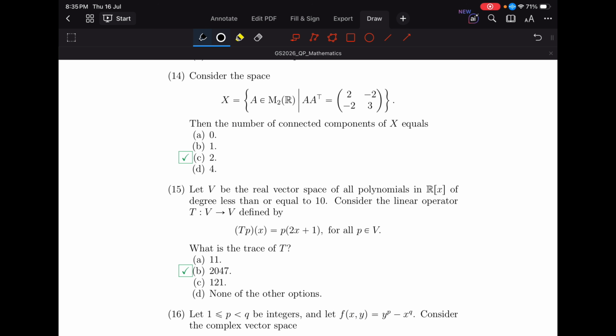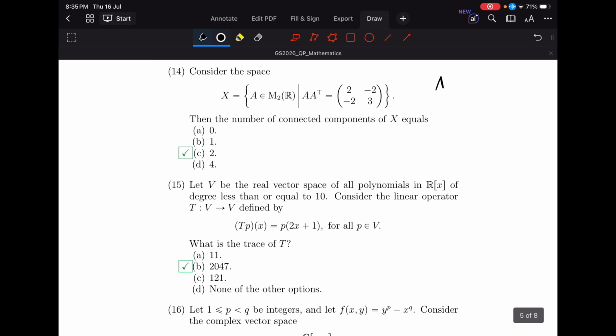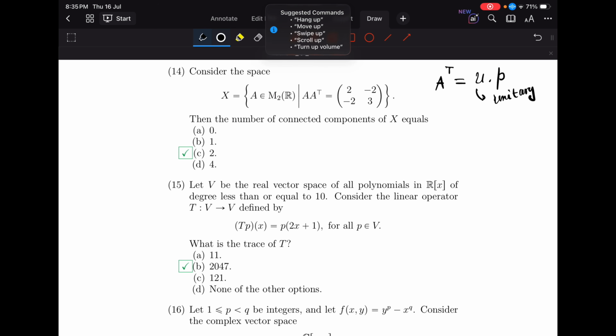So we know that for any matrix A, we will use the polar decomposition of a matrix, right? So we can write A transpose as a product of U times P, where U is unitary and P is non-negative, positive definite symmetric.